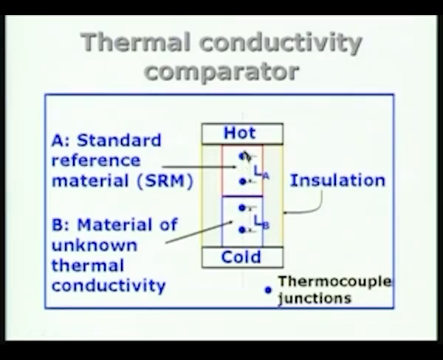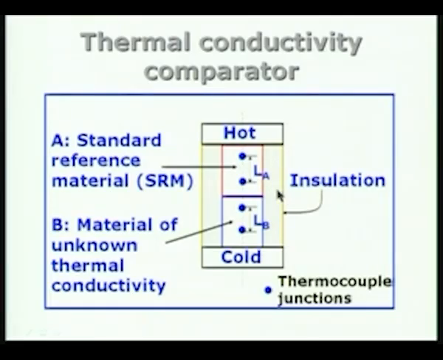So, the common factor in these two, the standard reference material and the material B, is that the same amount of heat is transferred through the sample as well as the standard reference material, assuming that there are no losses in the lateral direction.